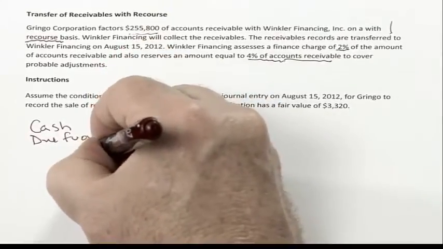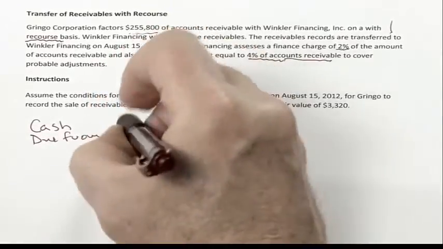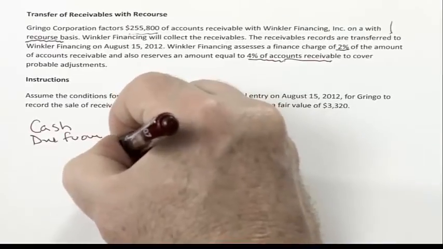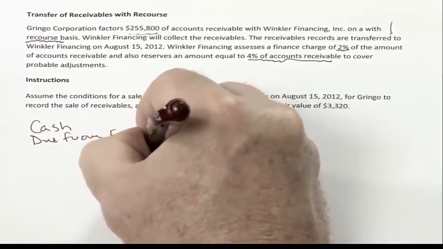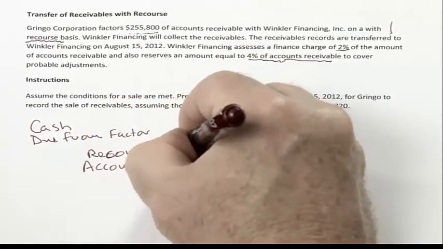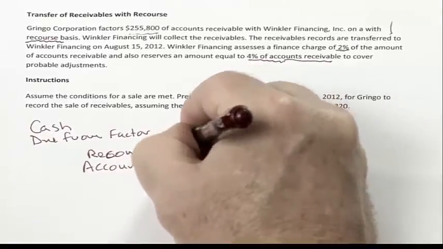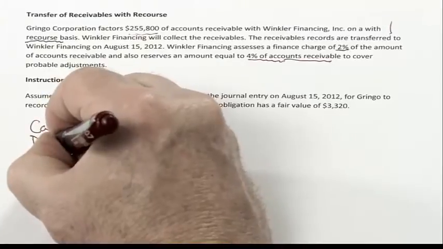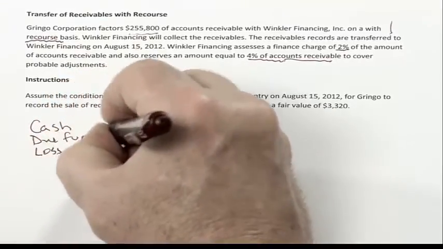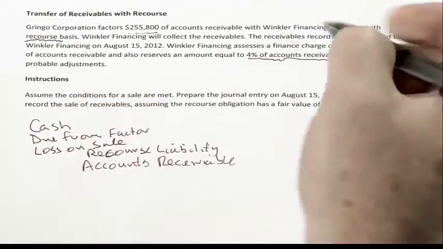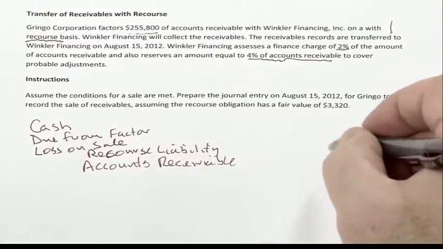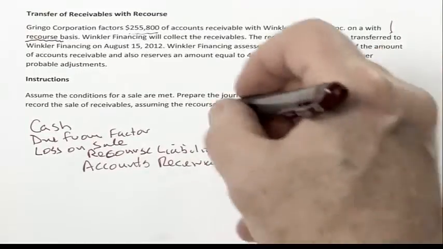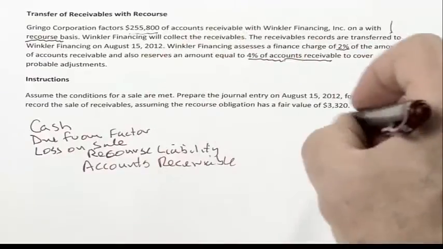There's a recourse liability because Gringo has promised to make good on any bad debts in the receivables that have been transferred. And then the final piece of this journal entry will be the loss on the sale. So what we need to do now is to fill in this journal entry, and the final entry will be the loss on the sale.